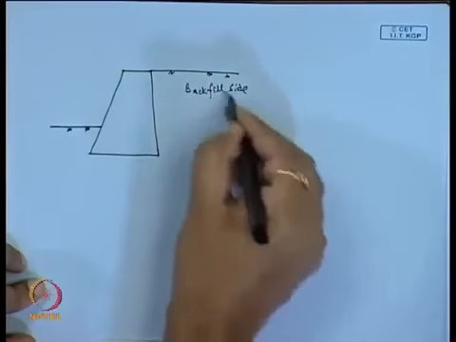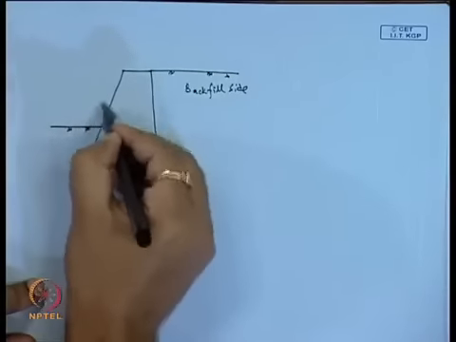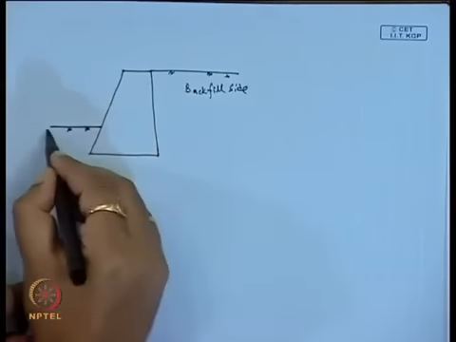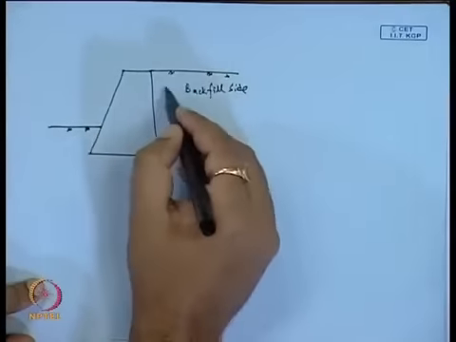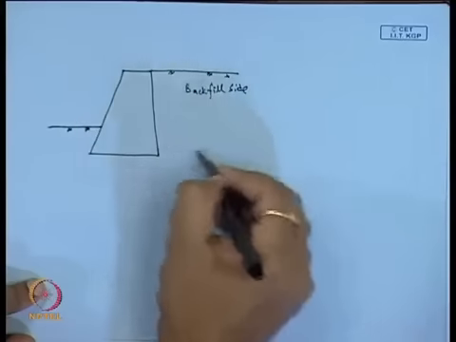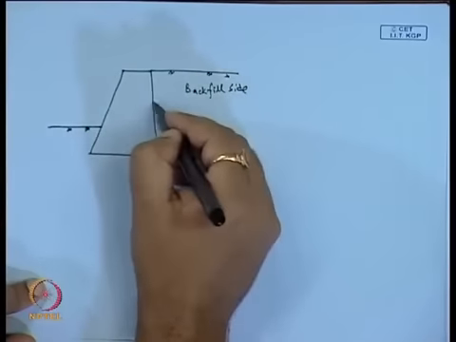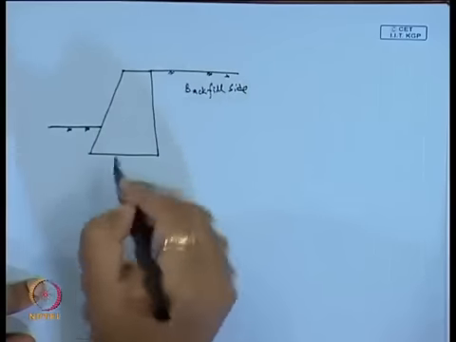This portion is filled with soil and this portion is void, and here is the foundation soil. This retaining wall has to retain this soil pressure, that means the soil will give lateral pressure on this retaining wall.